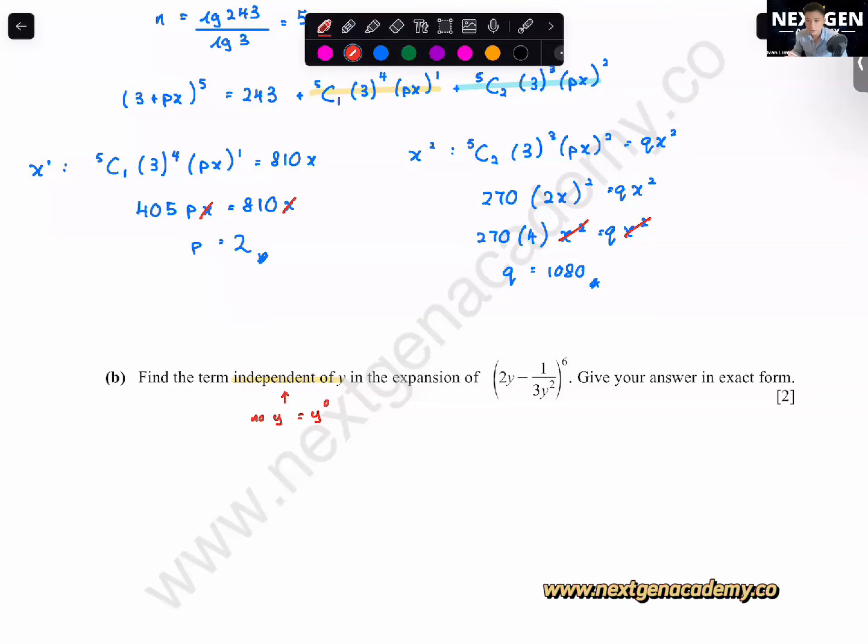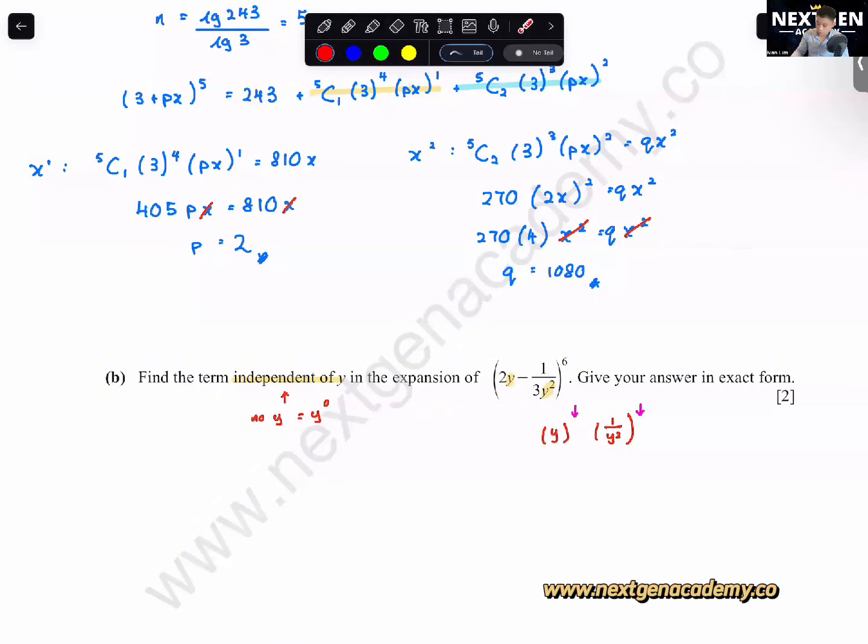So what we need to focus on first, you are just going to look at the y and the y squared. You don't care about all the other values first, the 2 and the 1 over 3. Let's say I put y and 1 over y squared, what do I want to put over here as the power? What are the possible combinations?